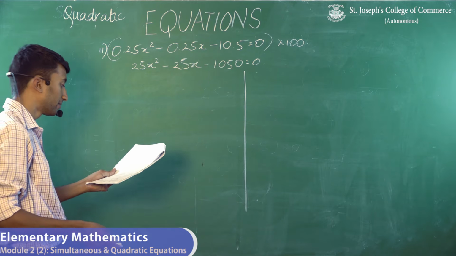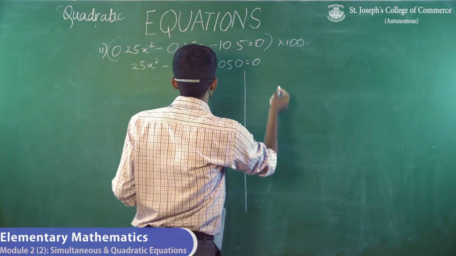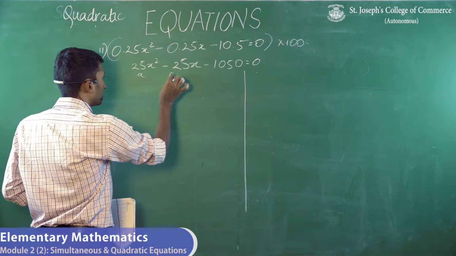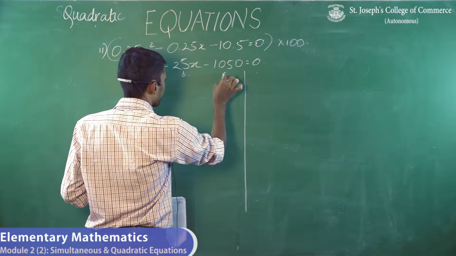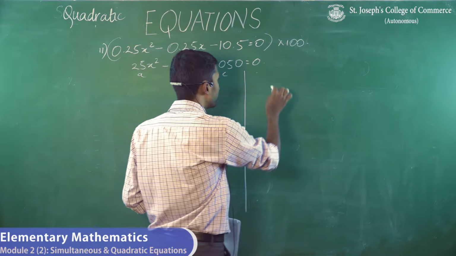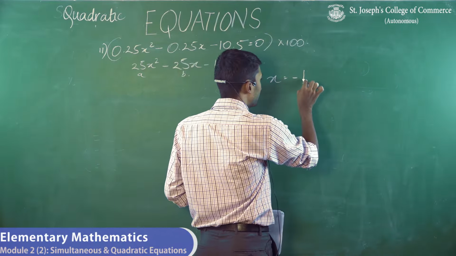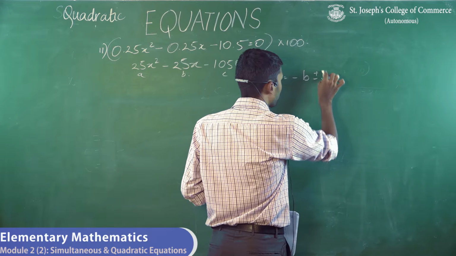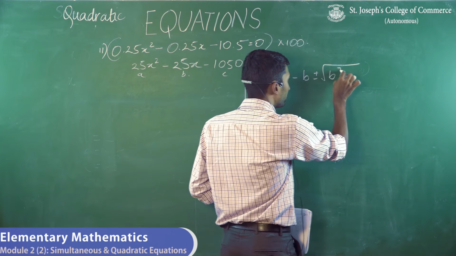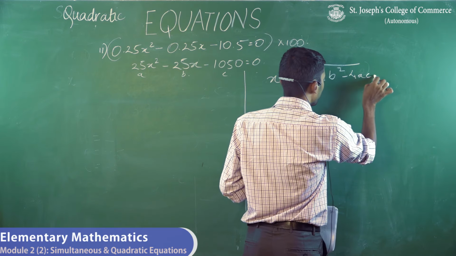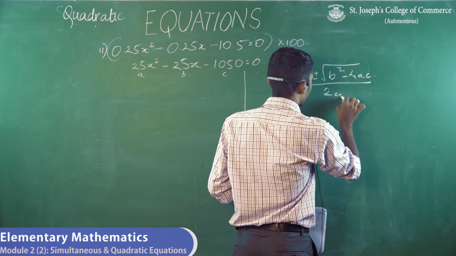The formula way is basically, as you all know, this is a, this is b, and this is c. So the formula is x is equal to minus b plus or minus square root of b square minus 4ac by 2a.